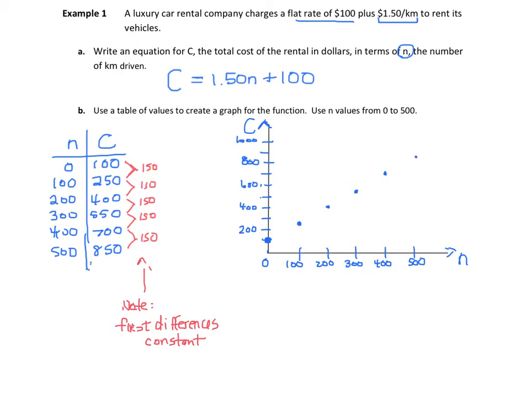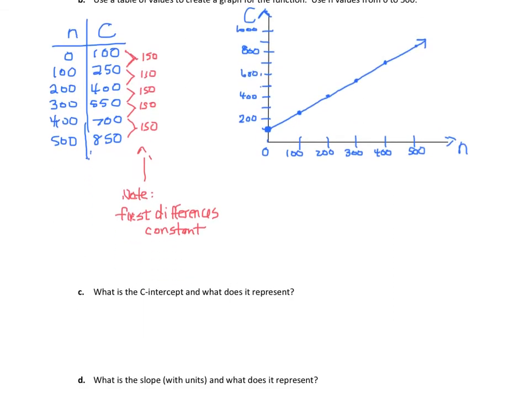A little difficult without a proper grid. So then we have our graph. We could join those with a straight line, just like that. So we can see, again, that the graph of this function is a straight line.